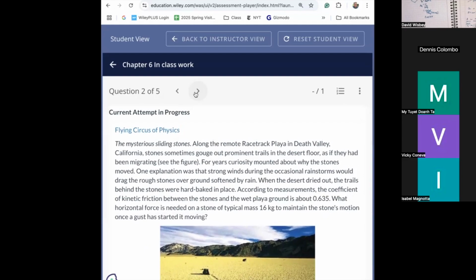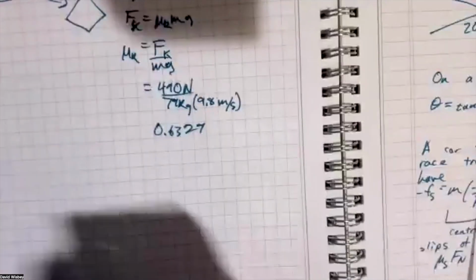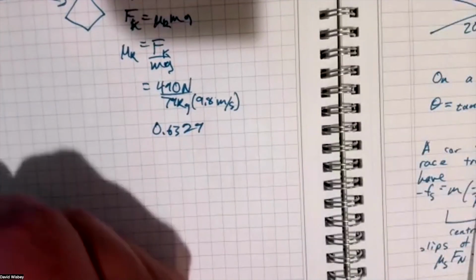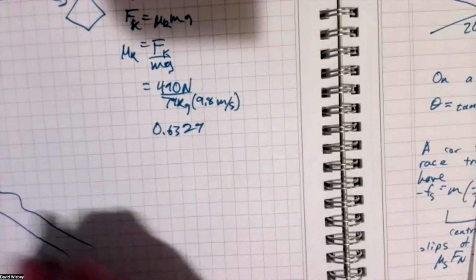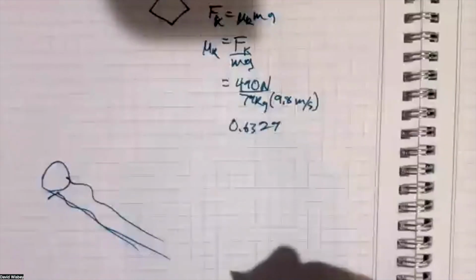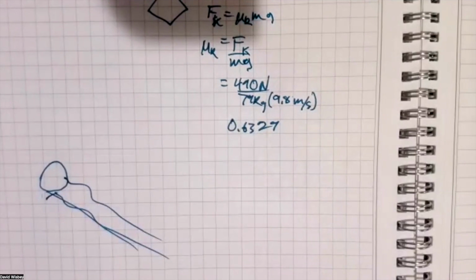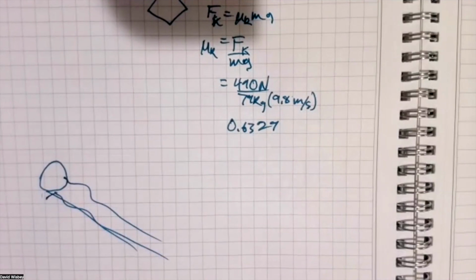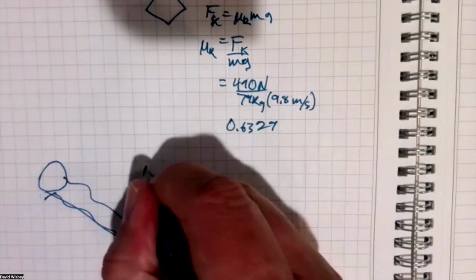So this one's pretty similar to the last one. Let me draw a picture here. Let's draw these weird stones. They move like this, and nobody knew how they were moving. Here's our stone. And so what does the problem give us? They measured the coefficient of kinetic friction.